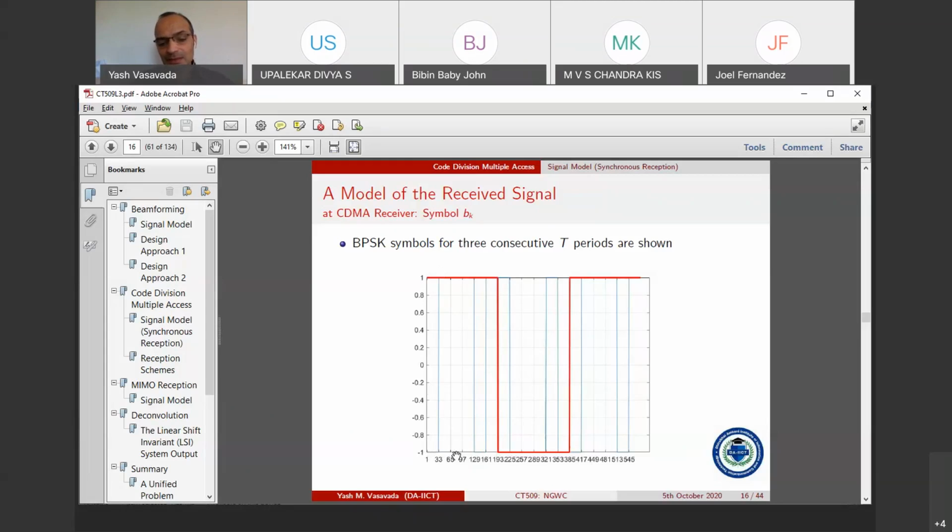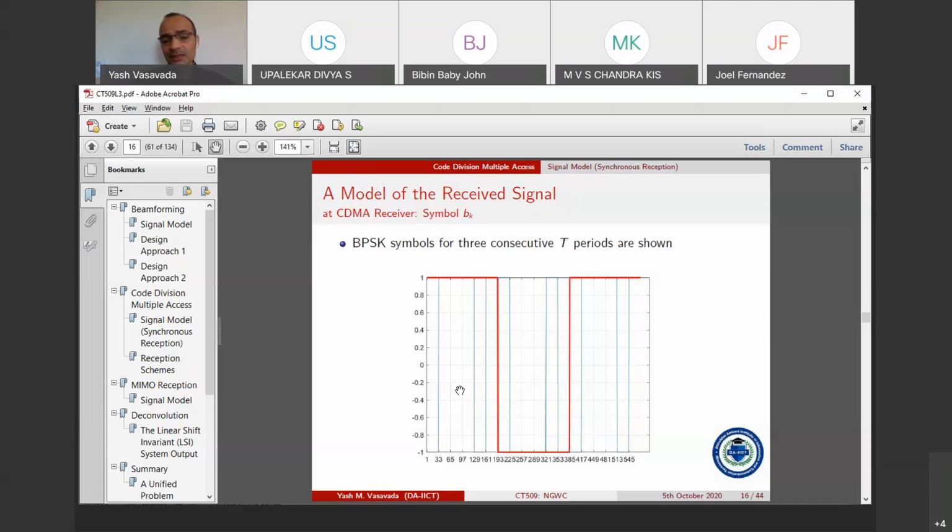So obviously, because we are shrinking in time domain the width of these pulses, in the frequency domain, just like what we were looking at a moment ago, the spectrum is going to get spread out.